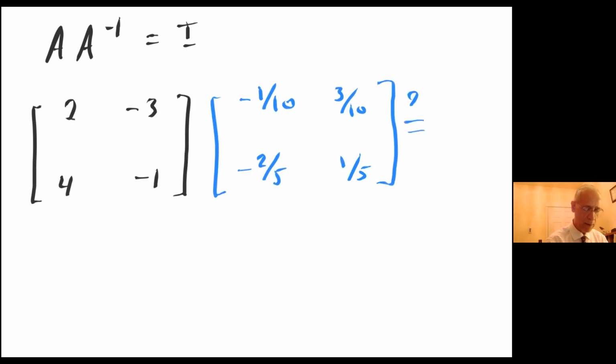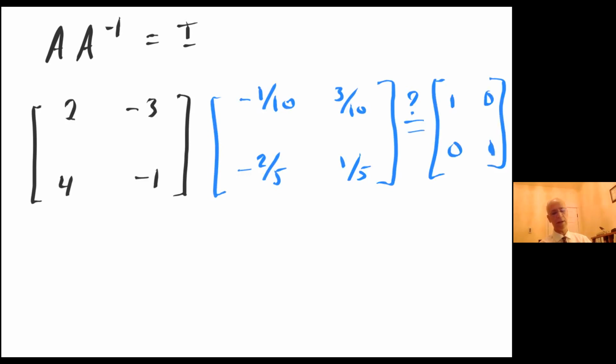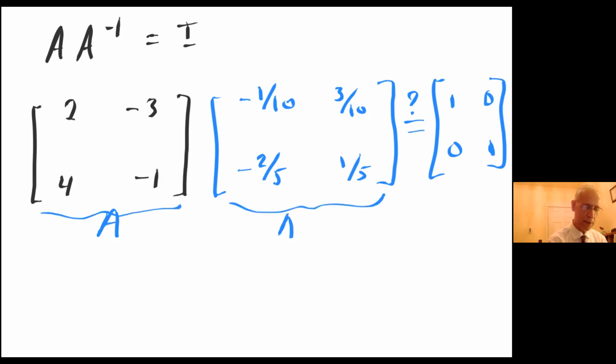Would that equal a 2 by 2 identity? So a 1 here, a 1 here on the diagonal, and 0 everywhere else. So if I multiply A by A inverse, and the result is the identity, then I've done good.